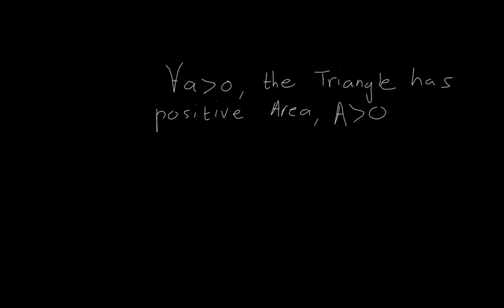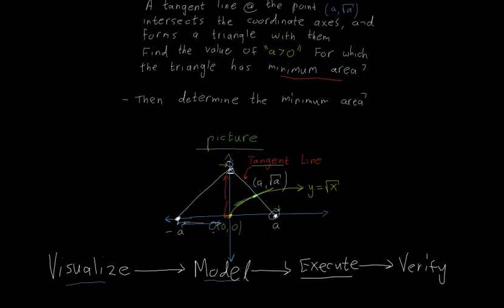Now, if you choose a smaller positive value of A closer to zero, the triangle is going to become smaller again. So let's go back to our visualization. If you choose an even smaller positive value, the triangle will become even smaller again.